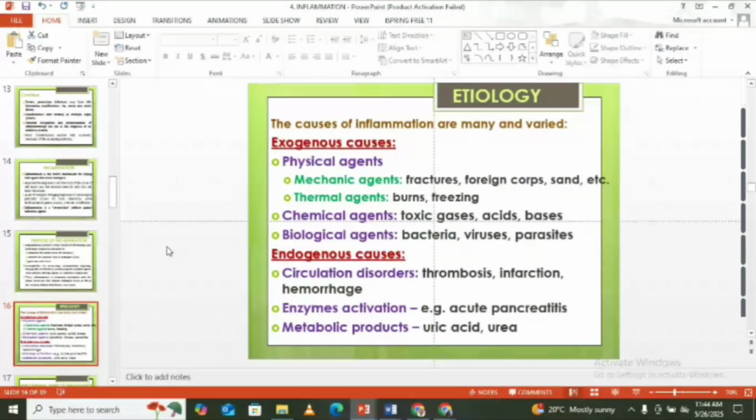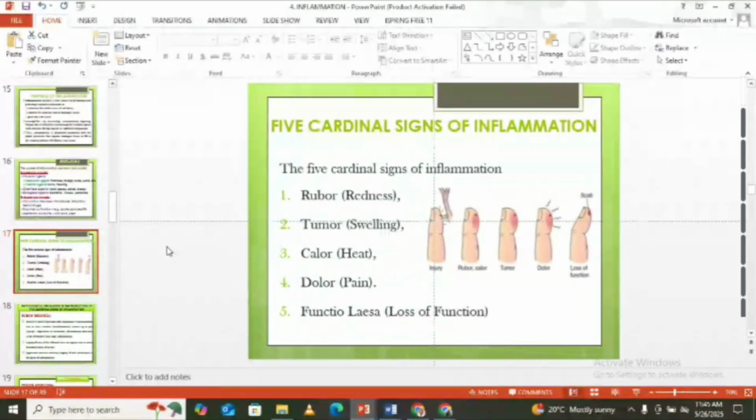Cases of hemorrhage, and enzyme activation, when sometimes some enzymes have been activated in response to a condition in the body. Metabolic products, we know those products of metabolism, the uric acid, the urea, they usually affect the normal cells of the body and they can easily lead to an inflammatory response.